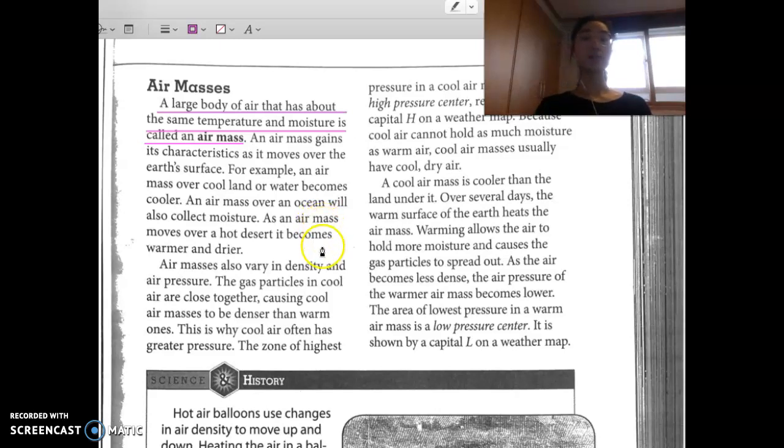As an air mass moves over a hot desert, it becomes warmer and drier. Air masses also vary in density and air pressure. The gas particles in cool air are close together, causing cool air masses to be denser than warm ones. And this is why cool air often has greater pressure.